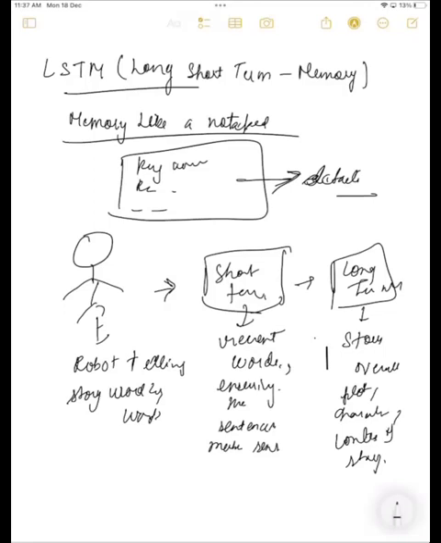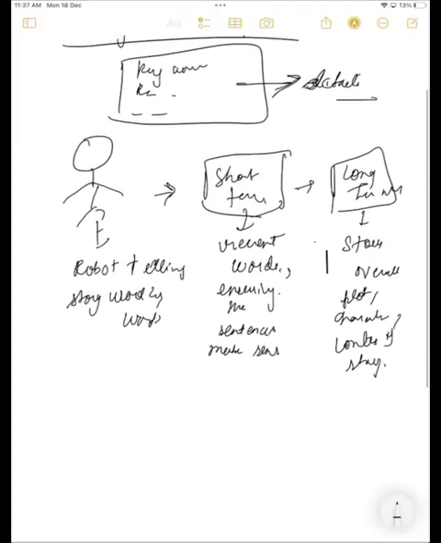LSTM is designed to address the vanishing gradient problem, so it does not forget important details even when the story becomes complex. LSTM has both long-term and short-term cells; long-term memory helps remember essential context, while short-term memory focuses on the recent information.